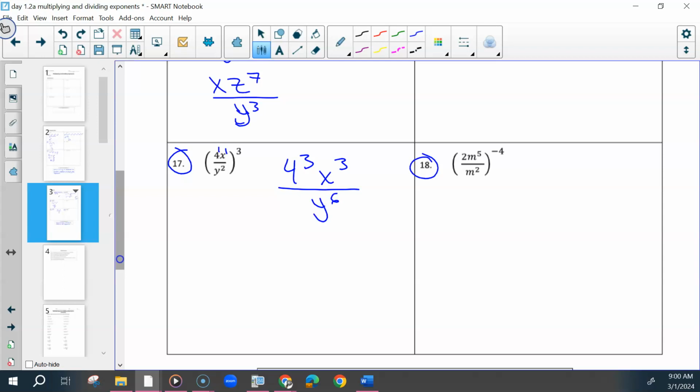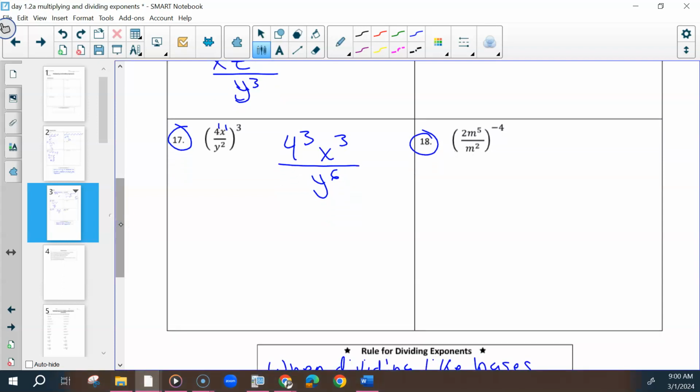And then 4 to the third is what? 64. So 64x to the third over y to the 6th. Yes.